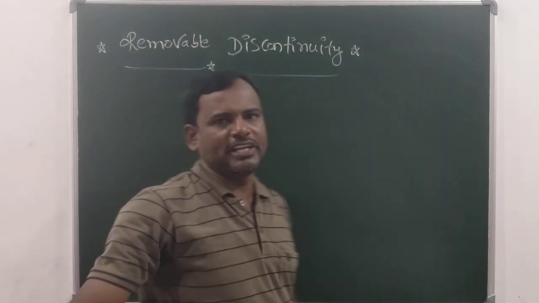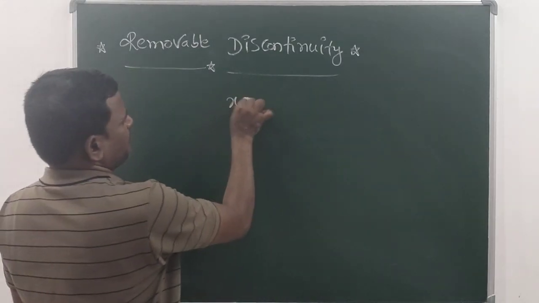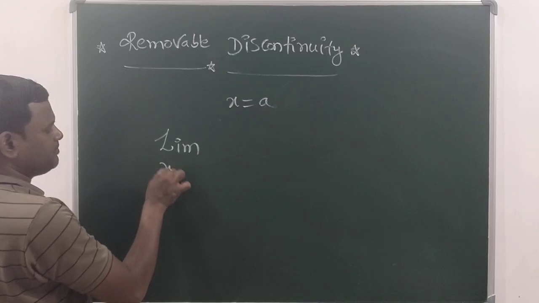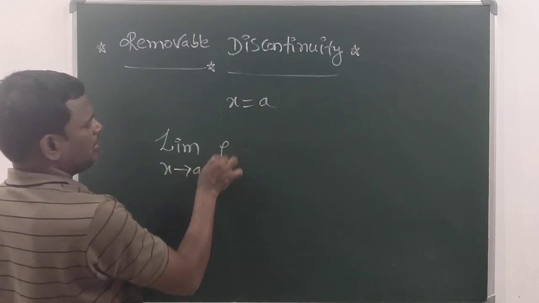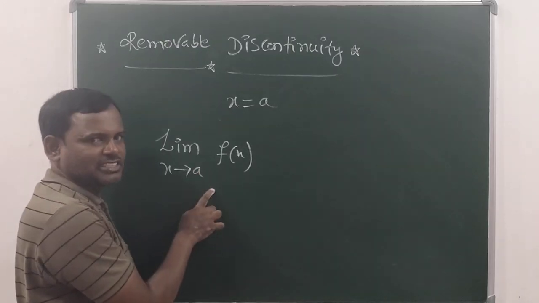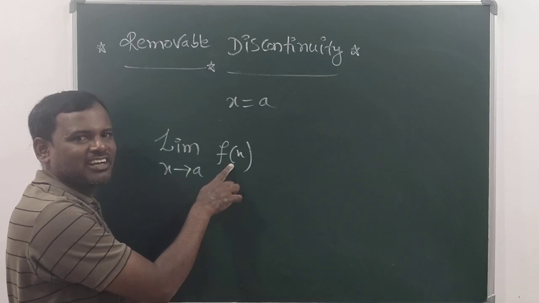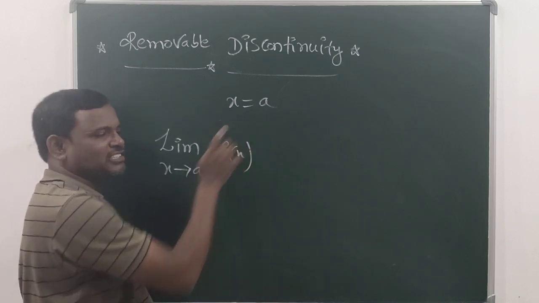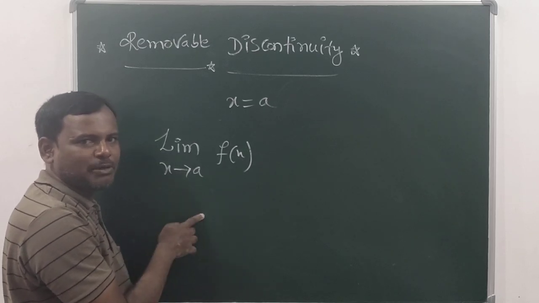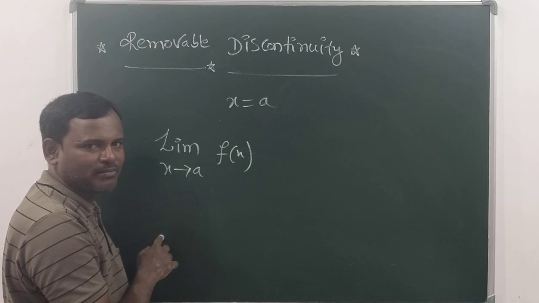In this removable discontinuity, limit of the function f of x exists. You know how to check existence of the limit of a function at x equal to a. There you have to evaluate left hand limit as well as right hand limit. Both must be equal. You learned this concept in the limits chapter.